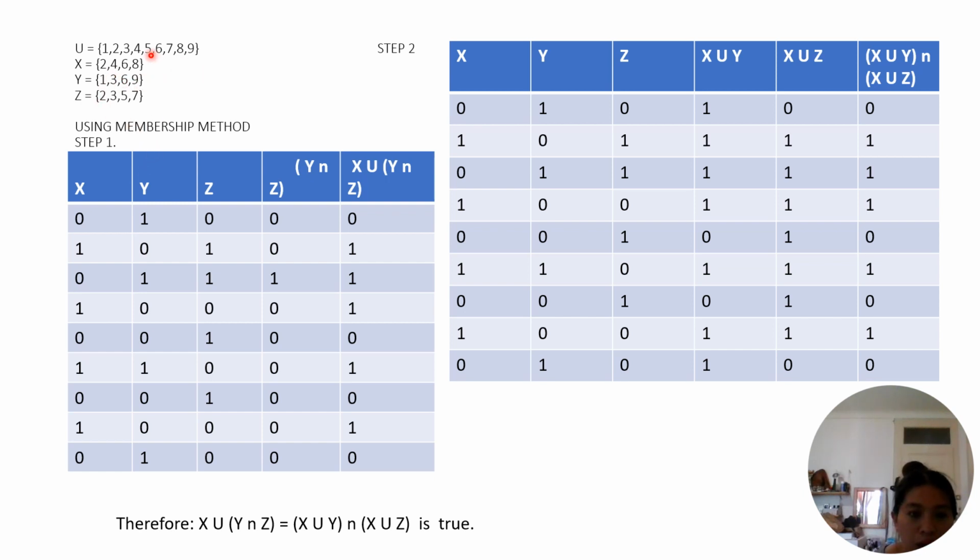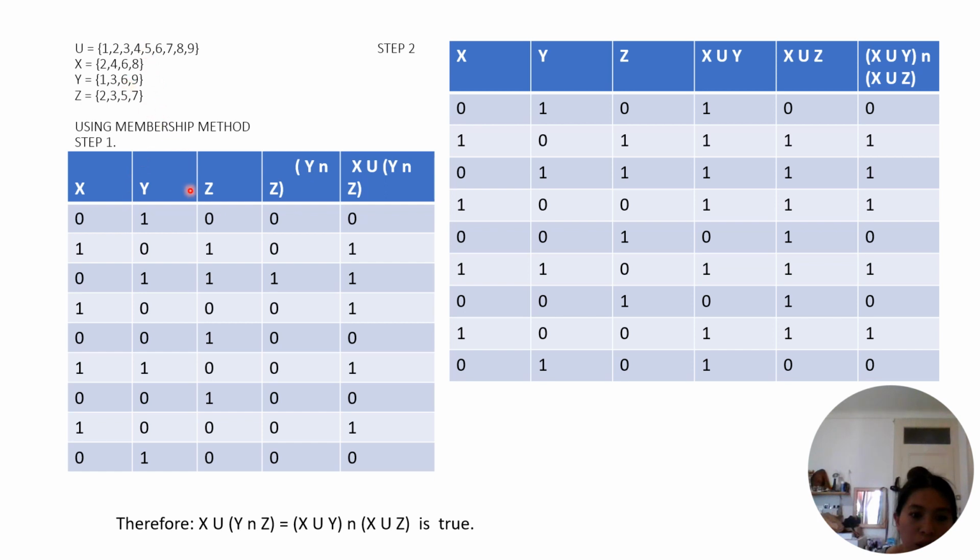So here we have elements of 1, 2, 3, 4, 5, 6, 7, 8, 9 in the universal set. So let's check if all of these elements are in the x variable. So since 1 is not, then we will write 0. Since 2 is there, it means it's true, so we will write 1.